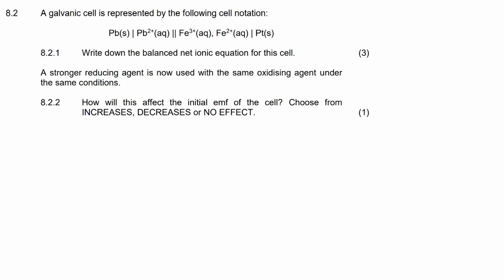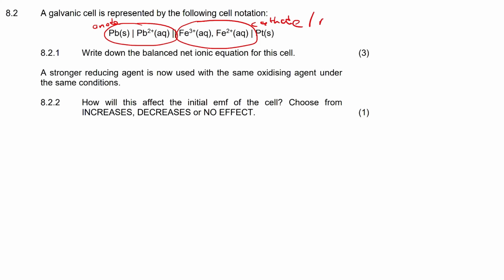A galvanic cell is represented by the following cell notation. Write down the balanced net ionic equation for this cell. We know that the left-hand side is always your anode, and your right-hand side is always your cathode.